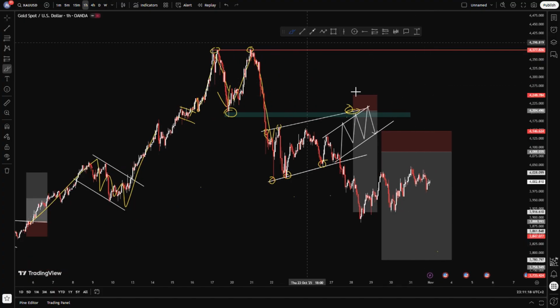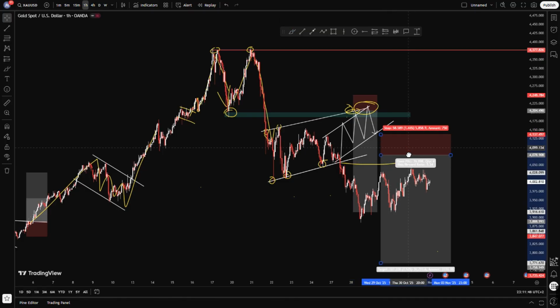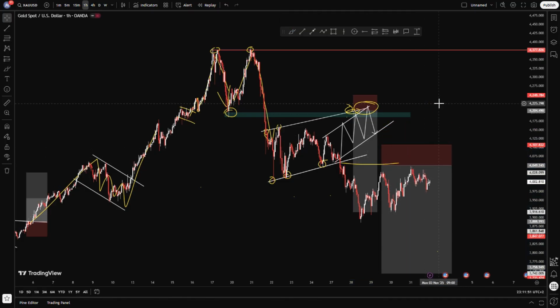As you can see, my first entry was going to be around here, and my second entry was going to be around here when price breaks to the downside, right? So I was expecting price to push to the upside first and then start dropping to the downside.